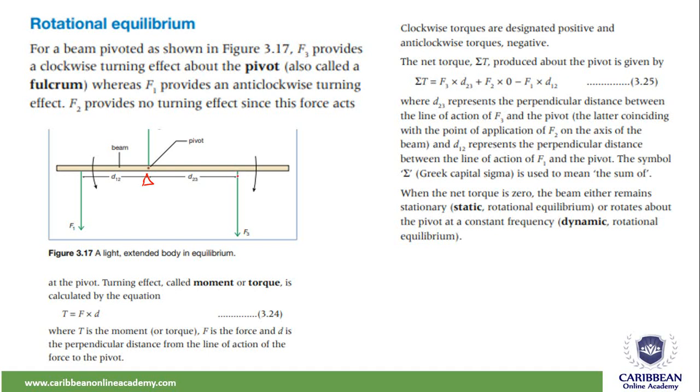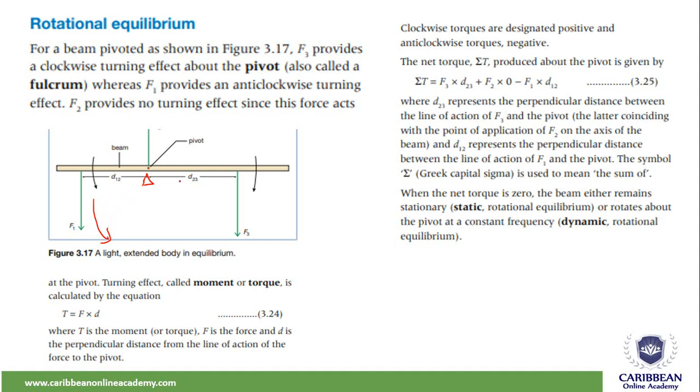Now from the whole aspect of moments, we can say that F1 is going to cause an anti-clockwise turning effect, which tells us this is the direction it will move in. Clockwise moves from right to left, and anti-clockwise then moves from left to right.